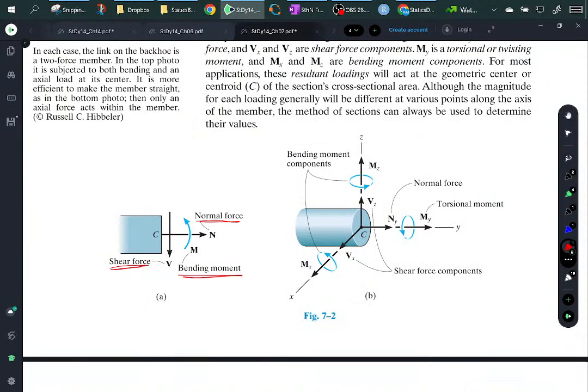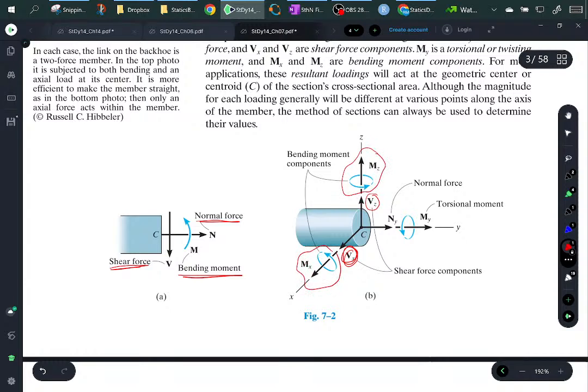Then he talks about the fact that you actually could have multiple shearing, a shear across here and a shear across here. You could have a bending moment here and a bending moment here. Now, here's your normal force, but you can have another bending moment or a torsional moment, basically torquing this thing like that.